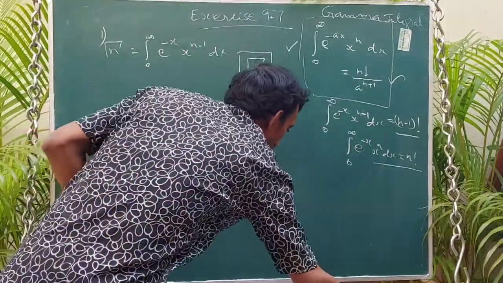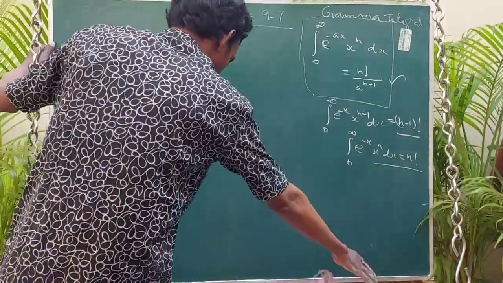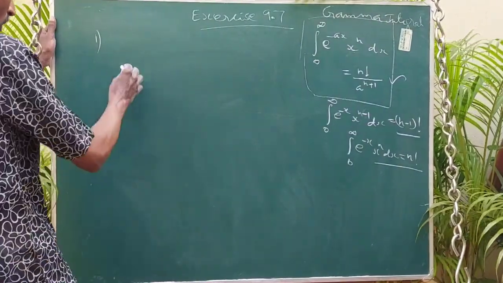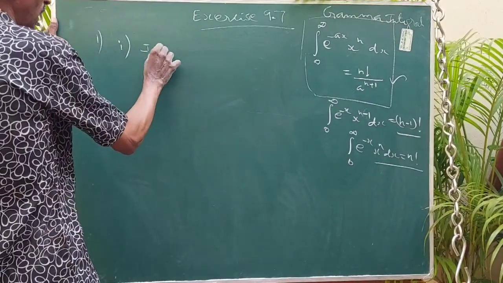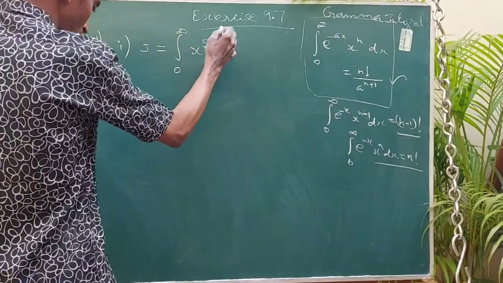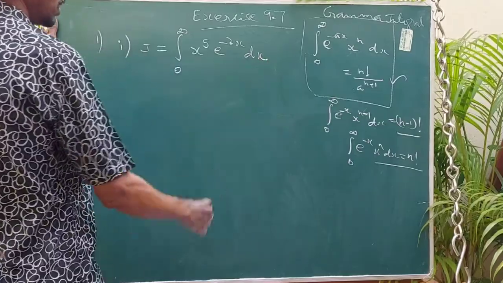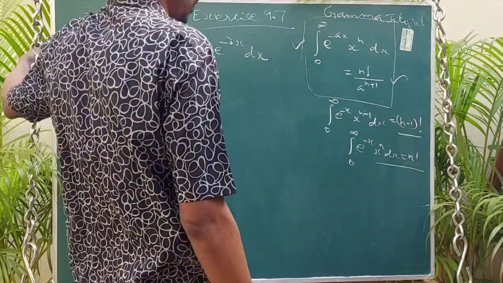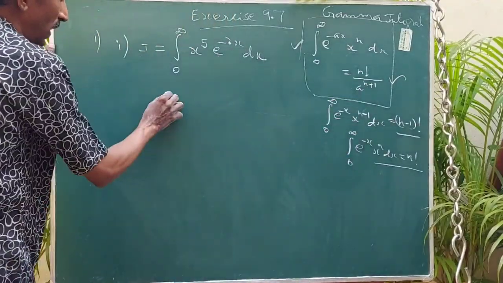Okay. So now we are going to apply these results in the next exercise 9.7. The first question is, evaluate all the things. So first sum, subdivision 1, I equal to integral 0 to infinity x power 5, okay, e power minus 3x dx. So write this formula, integral 0 to infinity e power minus ax into x power n dx equal to n factorial by a power n plus 1.